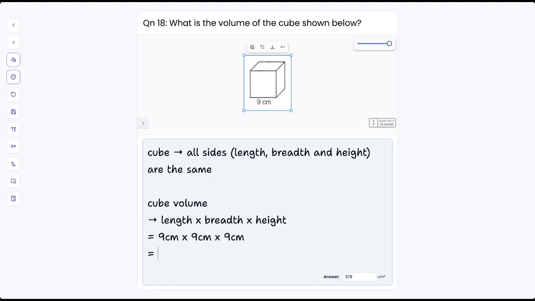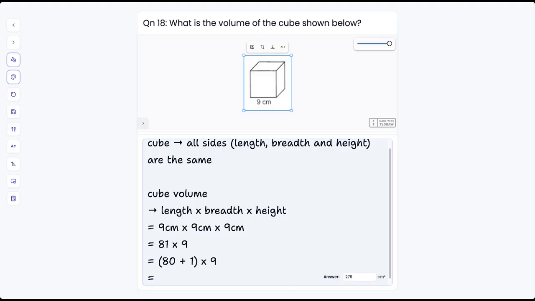And 9 times 9 times 9. So we break it down, 81 times 9. If we're going to break this down even further, you can do that. You can bracket this, so 80 plus 1 times 9. Then this will be 80 times 9 plus 1 times 9.